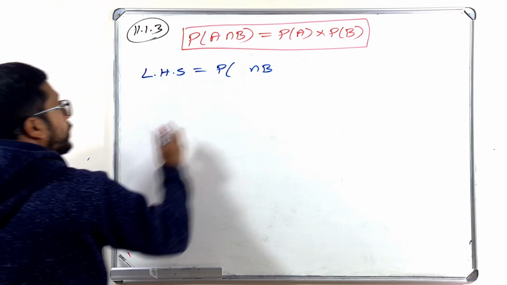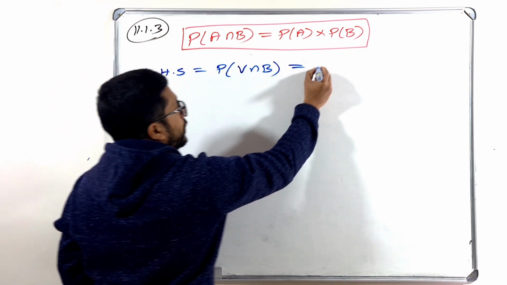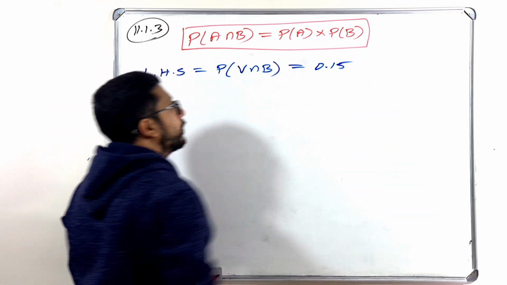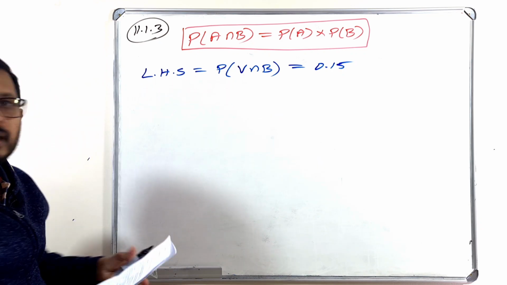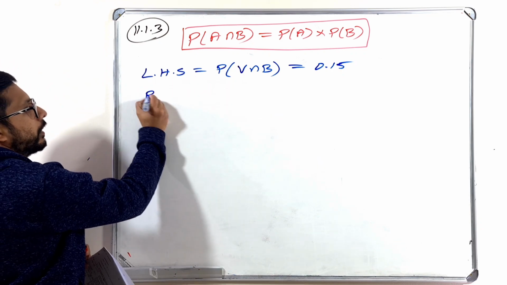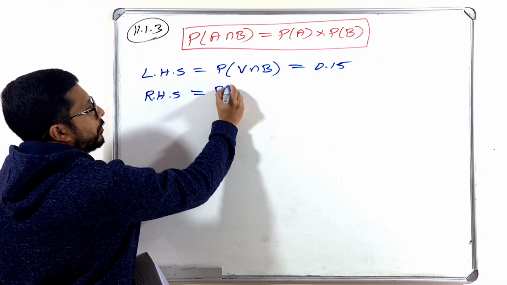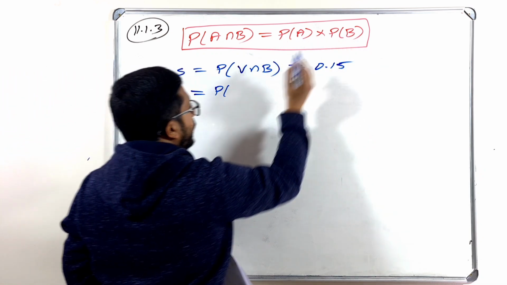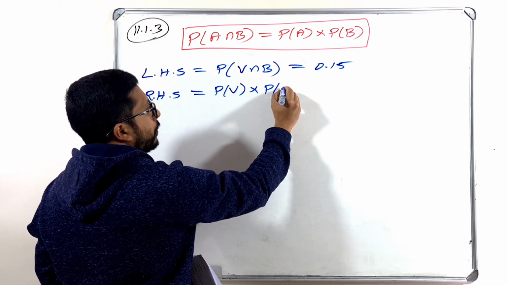So it is the probability of Whaley intersection Bongani, and that is 0.15. So we got the left hand side as 0.15. Now let's take the right hand side, RHS, which is the probability of Whaley times the probability of Bongani.